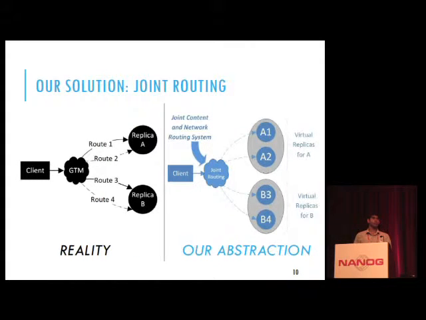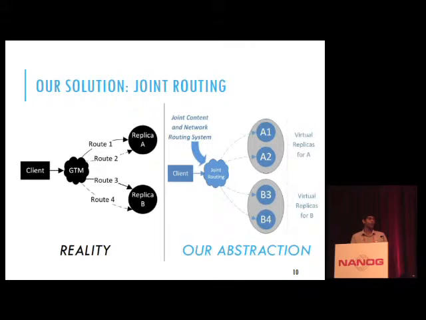So our solution is what we call joint routing. The left hand shows what the reality is, which is you have a GTM interconnect with a number of replicas, with each having a number of routes going to it. And the routes in bold are the ones that the GTM system eventually sees. Instead, we use an abstraction. So at replica A, you have two routes going through it, route 1 and route 2. Let's provide the GTM system a notion of virtual replicas, which are actually combinations of replicas and routes.